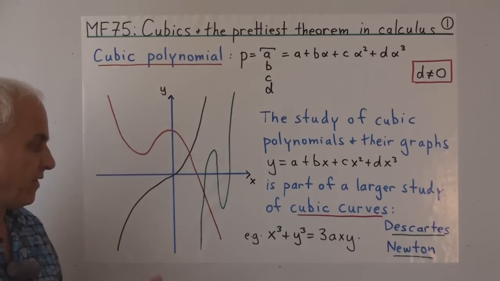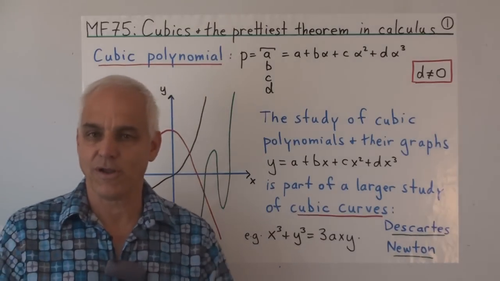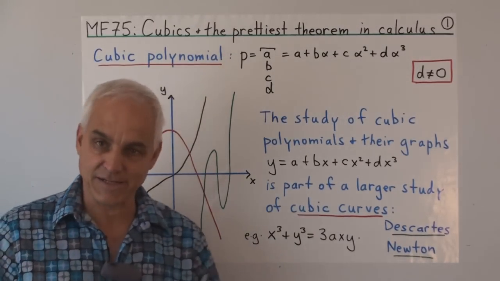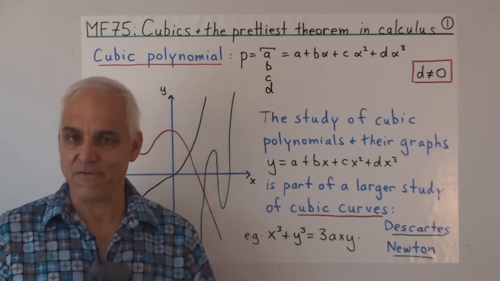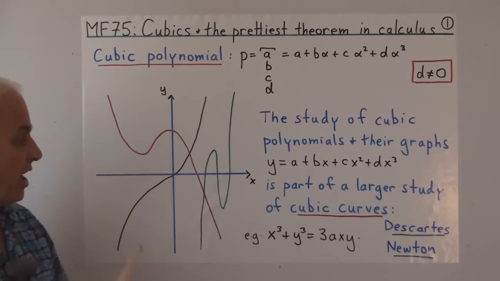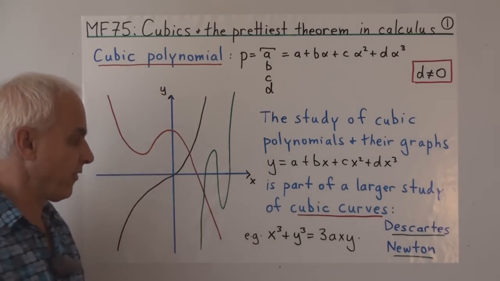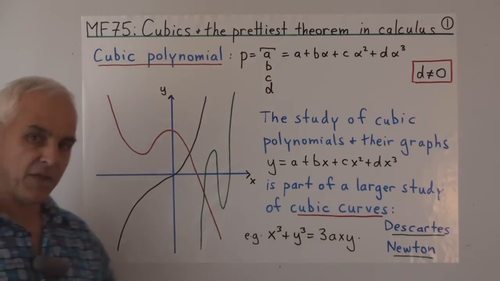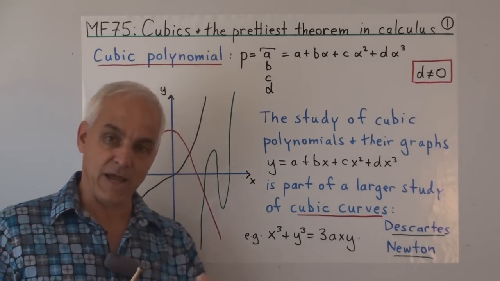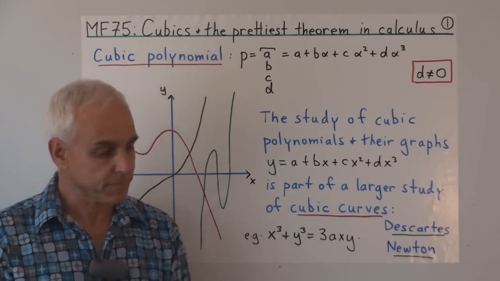They were of interest to almost all classical mathematicians because there's a lot of really interesting things that turn out to happen for cubic curves. So today we're going to talk about a very special kind of cubic curves, these cubic polynomials. It's important to realize that there's a much bigger, more general theory of which what I'm going to say to you now is only a small part.